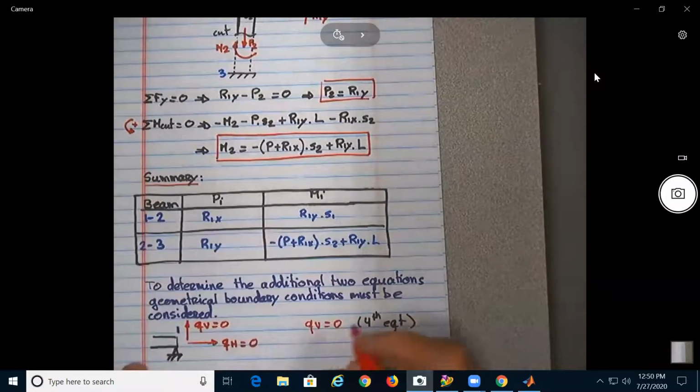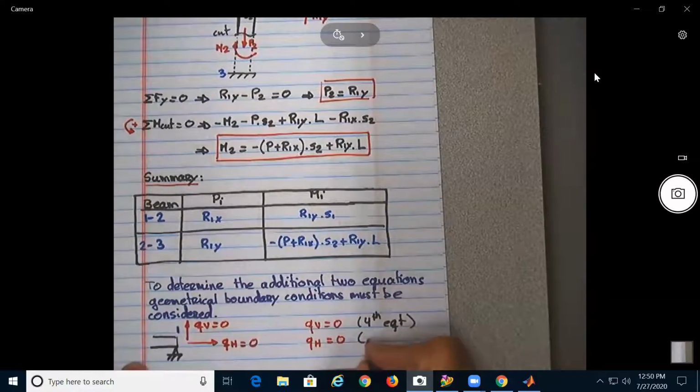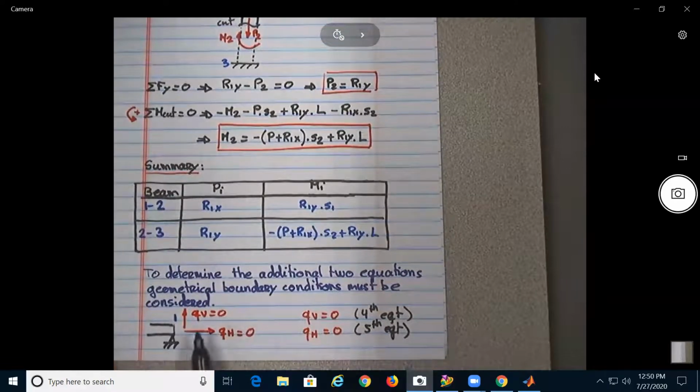And QH equals 0 will become our fifth equation. So that means now that after solving this, we should have 5 equations with 5 unknowns. I'm going to stop here in a second. Is that clear? This is important, okay? This step is critical, okay?